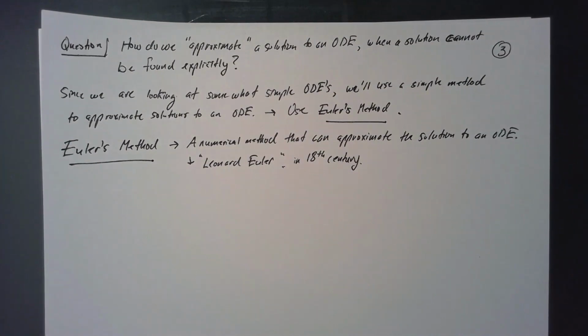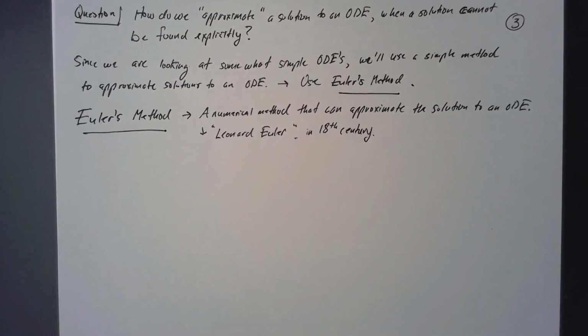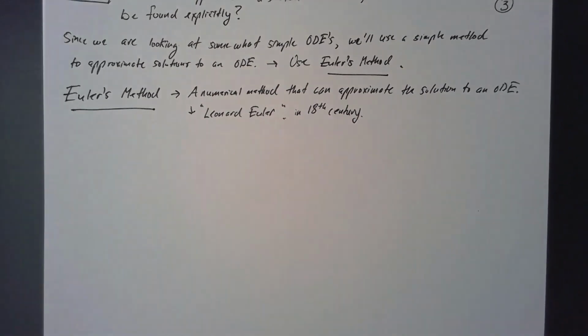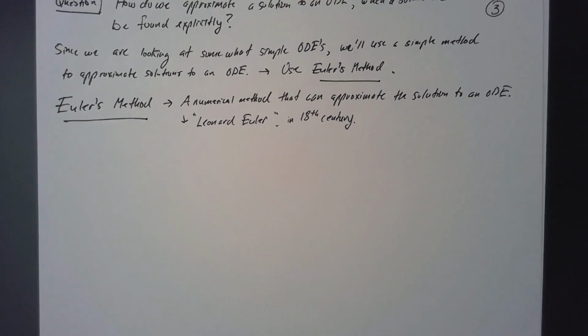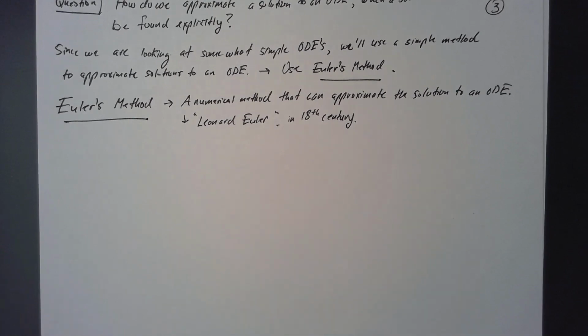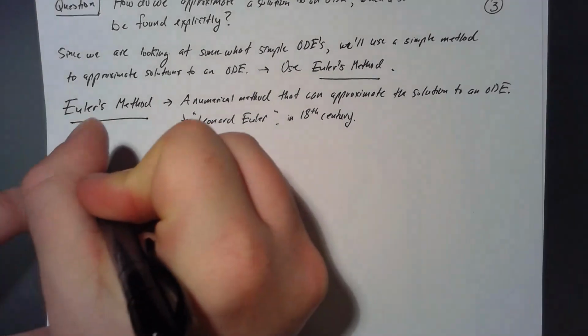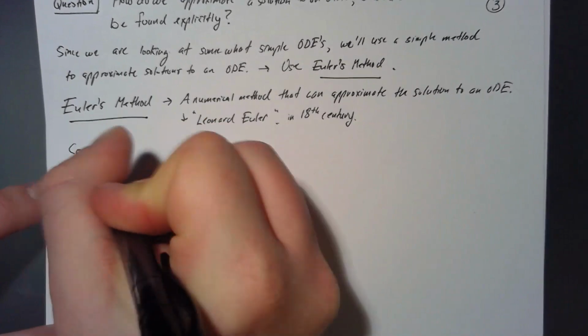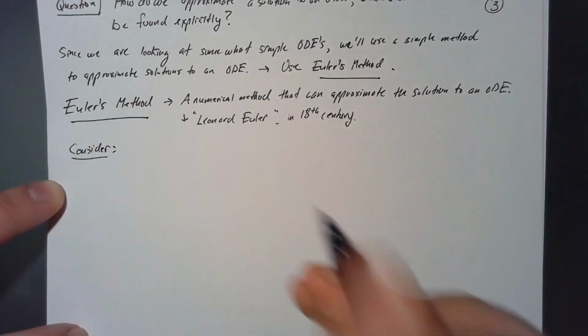It's not too hard to follow. So in order to get an idea of how we're going to do this, I'm going to draw a graph. So let's consider this.